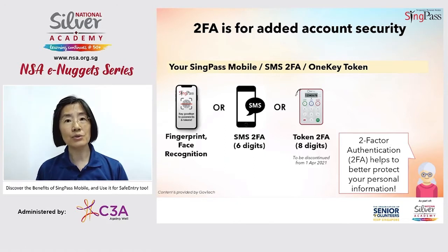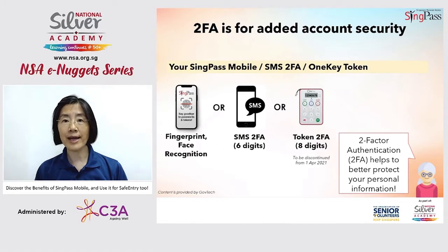So how do you do this 2FA? One way is to use your SingPass Mobile app, and on it, you can use your fingerprint or Face ID or passcode. Or you can receive an SMS one-time password that's 6 digits long, and that can be your 2FA.